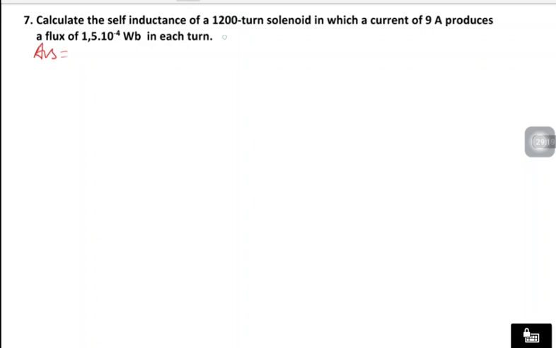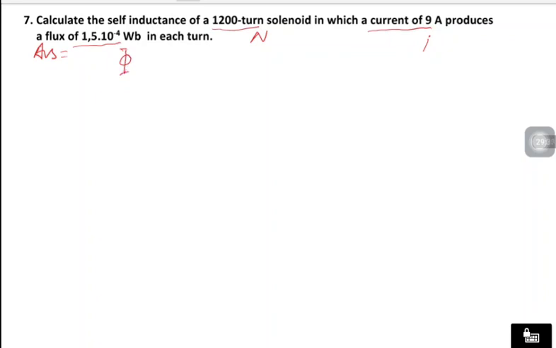Okay, for the self-inductance, turn has symbol N, current has symbol I, flux is symbol flux.